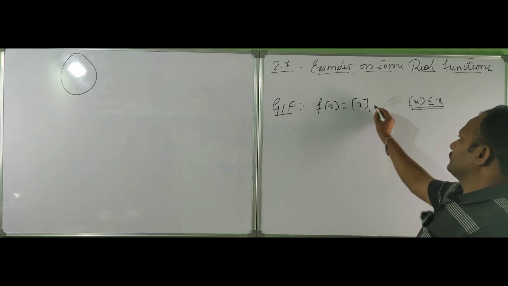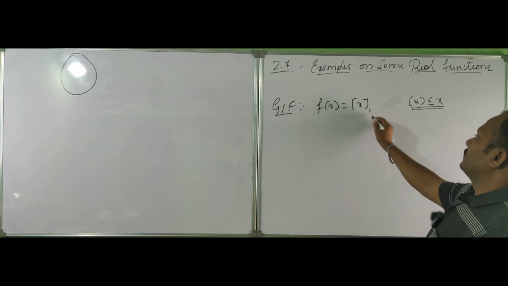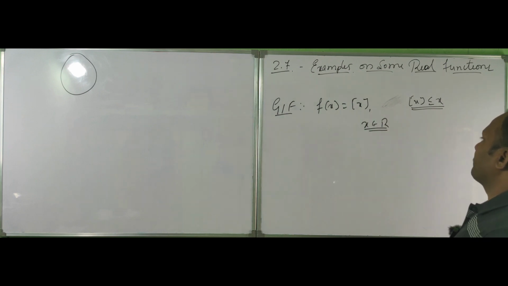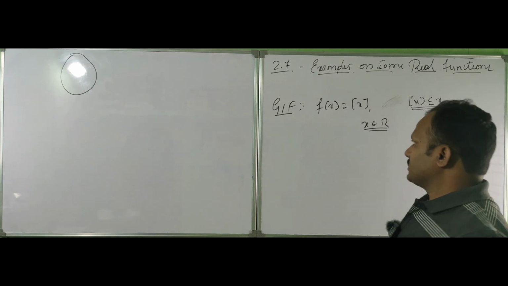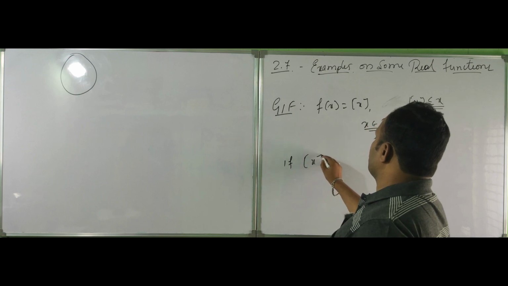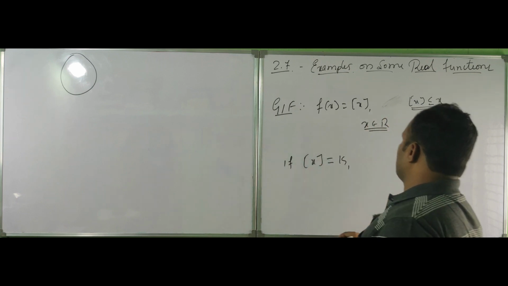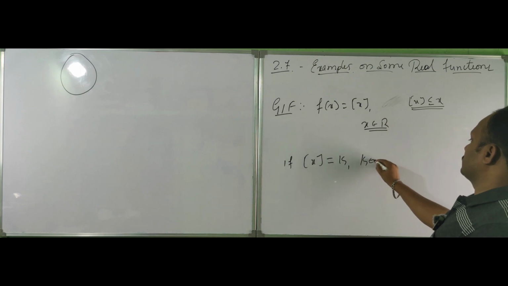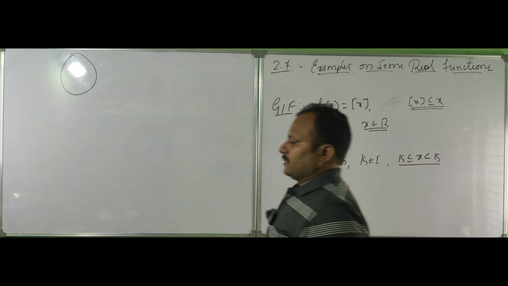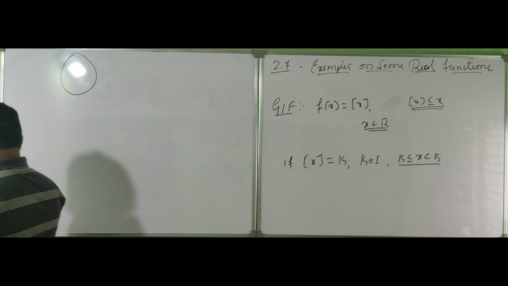For this, x belongs to R. There is one wonderful formula that is very helpful in solving questions: if [f(x)] = k, where k belongs to any integer, positive or negative, then k is less than or equal to f(x) and f(x) is less than k + 1. This formula is often used while solving questions.